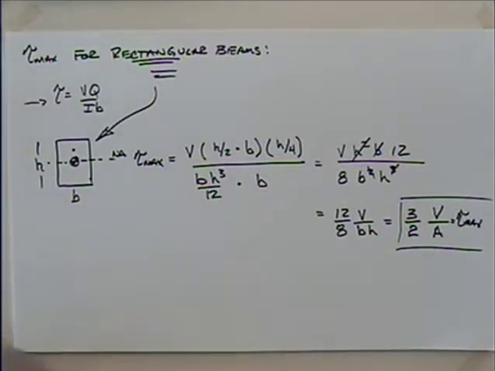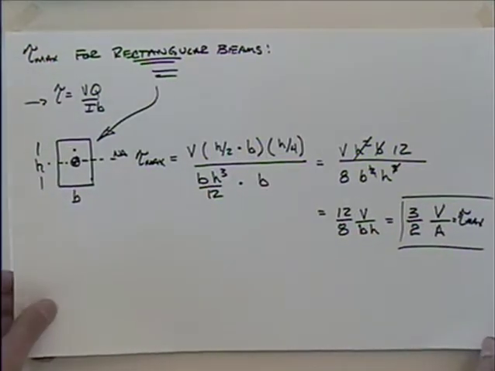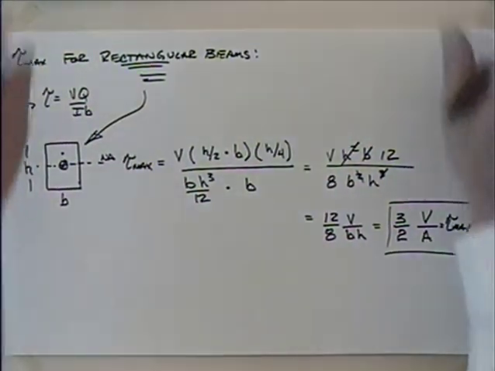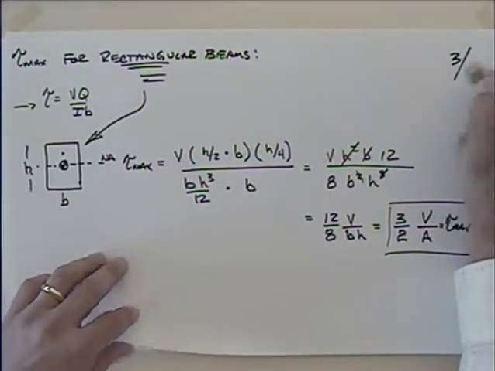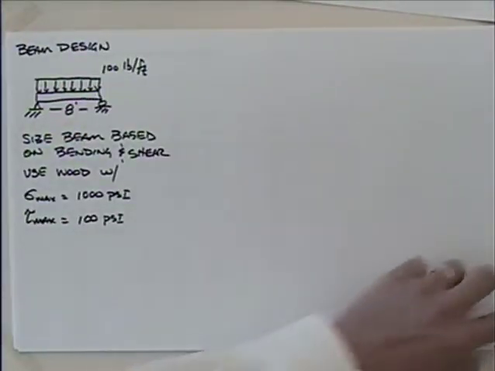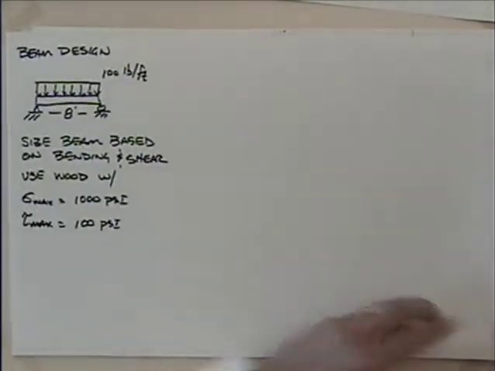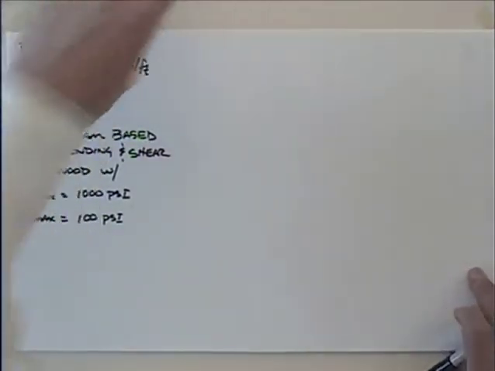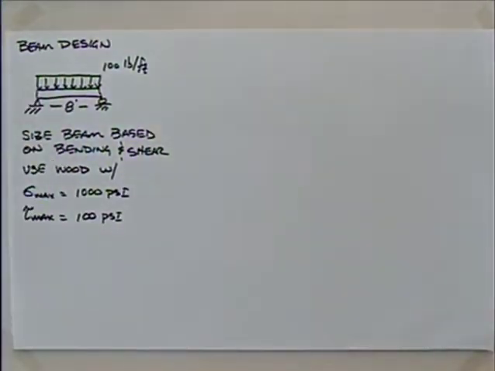Well, with that, let's try a little more practical problem. So let's say someone's given us a beam design. We got an 8-foot opening, and we're going to design a beam for it, or maybe we'd call it a header.